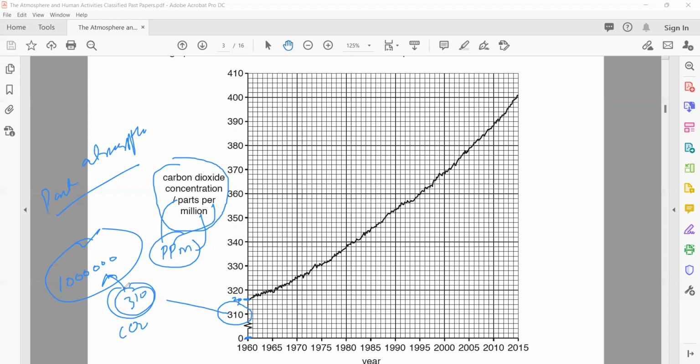So this is what they mean. Understand the concept or not? Yes. Okay. On this side they are showing the years, and you can see there is a little fluctuation, increasing, decreasing, but generally there is an increase of carbon dioxide concentration in the atmosphere with the passage of time, because this graph line is going up. So this is the first thing.